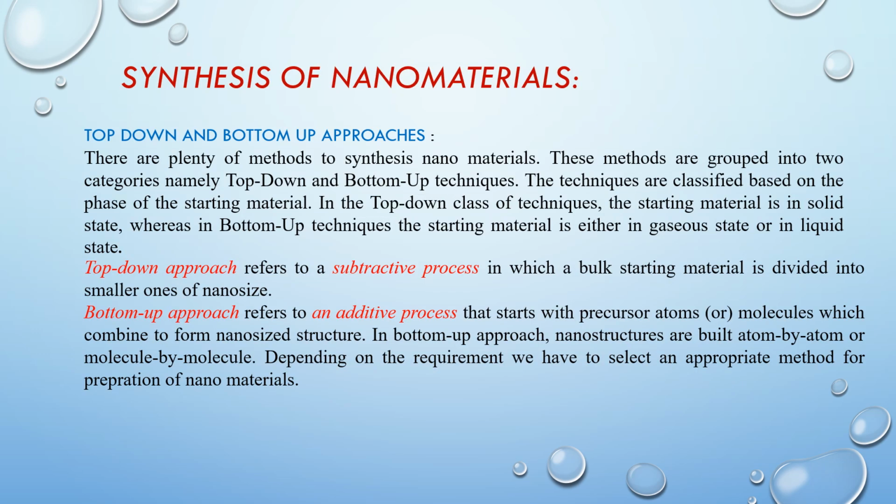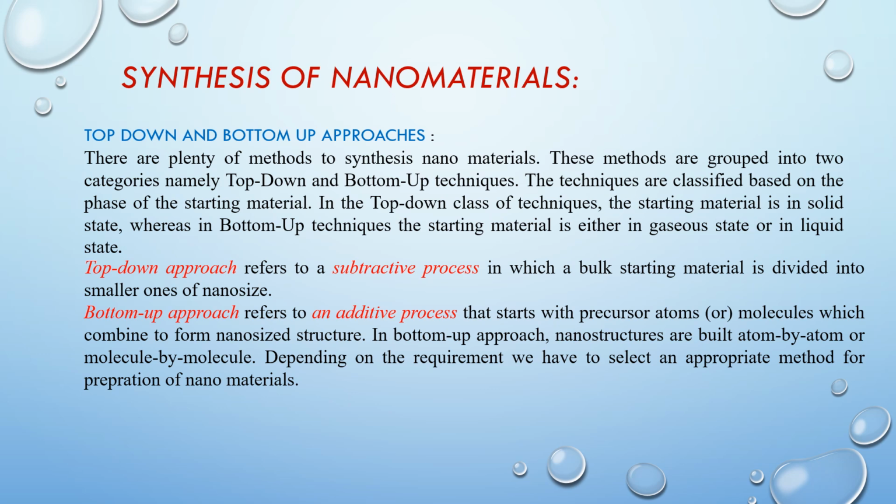The nanostructured materials with ultra-fine grain size, in the order of 1 to 100 nanometers, can be produced with different dimensions. The different forms of nanomaterials are 0, 1, 2 and 3 dimensions. There are plenty of methods to synthesize nanomaterials.